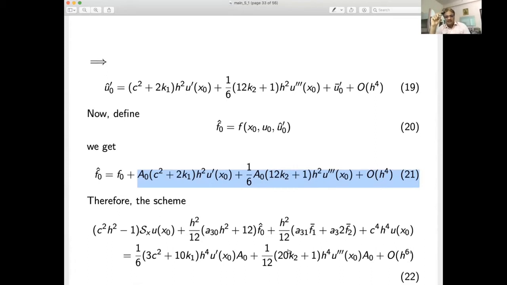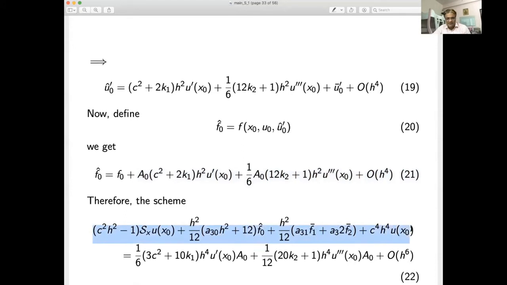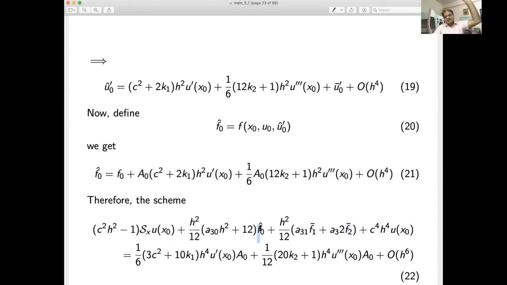I am just taking you back to the scheme that you derived earlier for the simple equation. This is the same equation you derived earlier for the simple equation d2u by dx square equal to f of x. Except here it is f1 bar, there it was f1; here it is f2 bar, there it was f2; and here it is f naught cap, there it was just f naught.